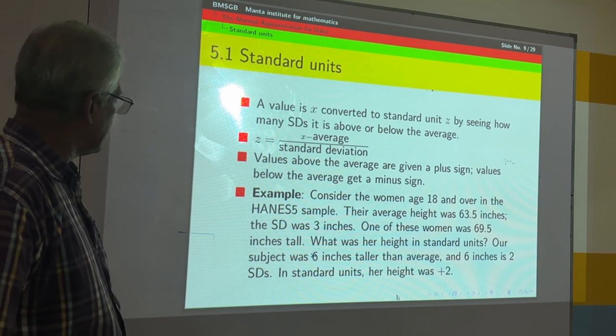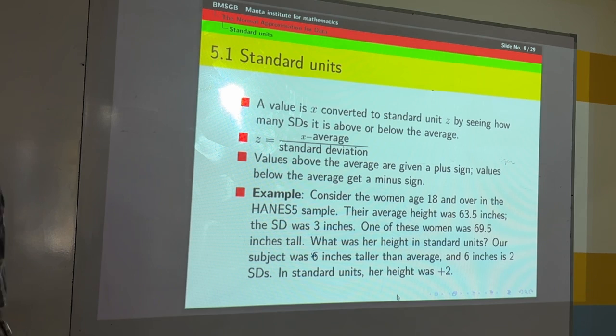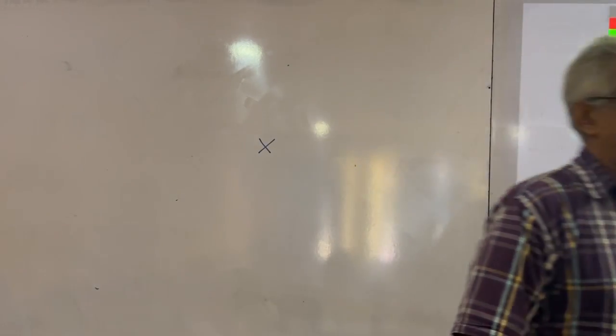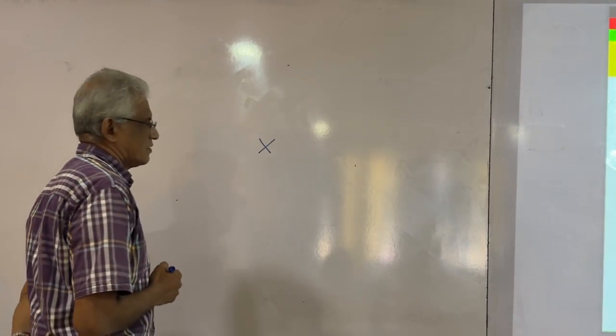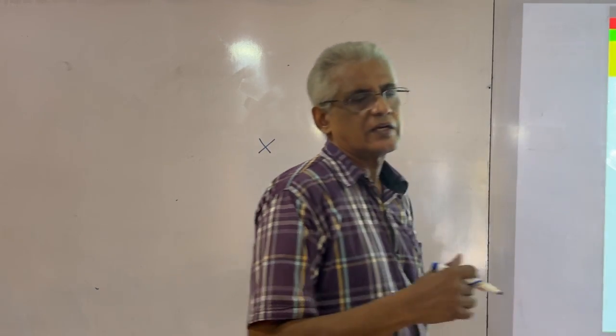So in the book, they are actually talking about the standard normal. Now, suppose you have some variable, say x, like heights of people who are 20 years of age. And if you draw the histogram, you see that it is like a normal distribution.